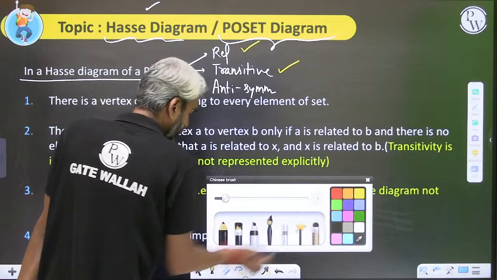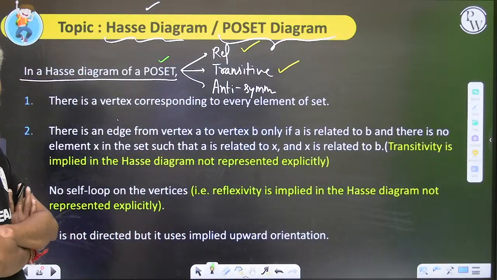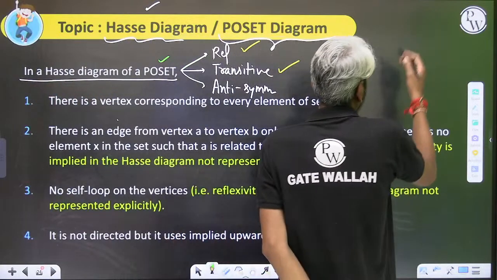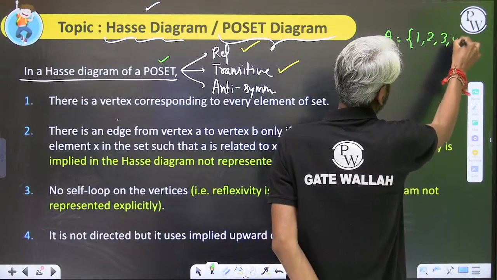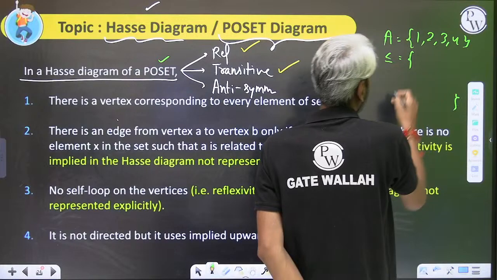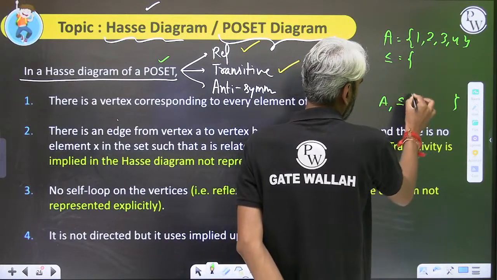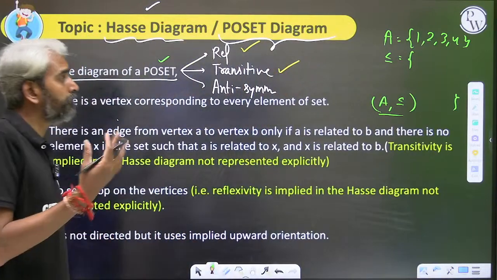So, what happens in a poset diagram or in a Hasse diagram? If I say any set A equals {1, 2}, with the relation less than or equal to, then we know that this will be a poset.